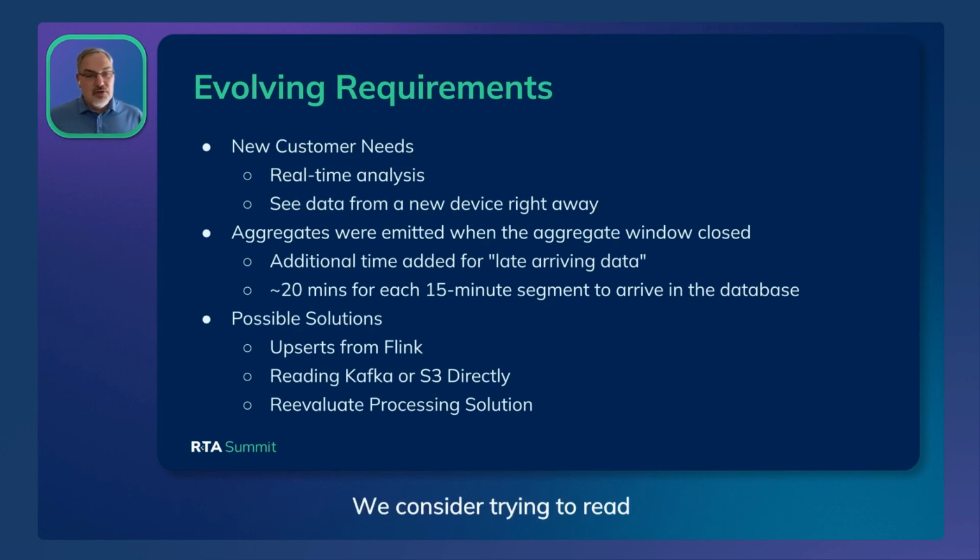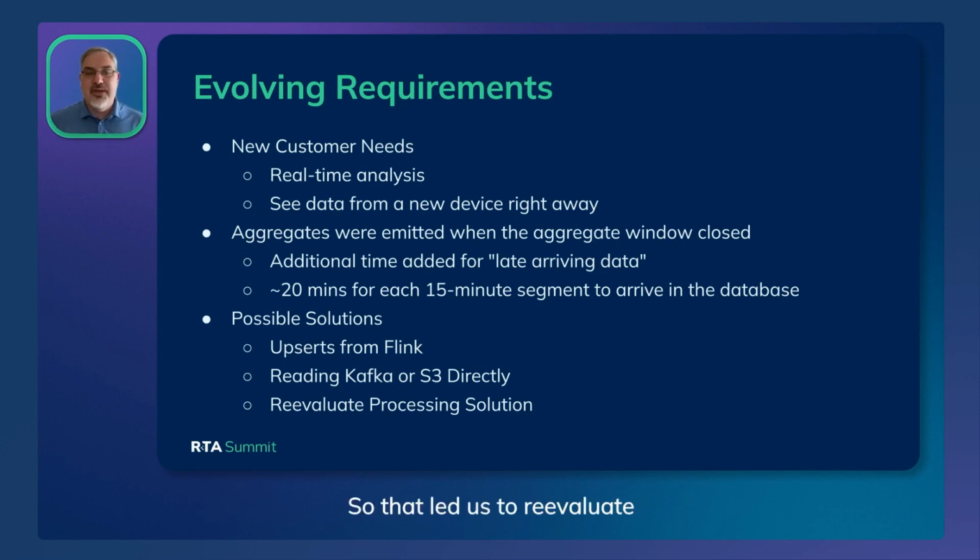We considered trying to read the current period of time directly from Kafka or S3, where the raw data is ultimately stored. But this was considered awfully complicated to integrate into the existing system. We would have two ways of accessing the data that have to be kept in sync. It's operationally complex as well, and it has performance implications of its own.